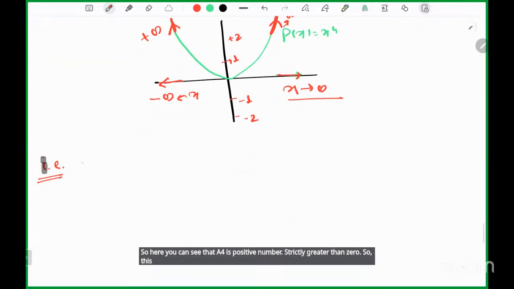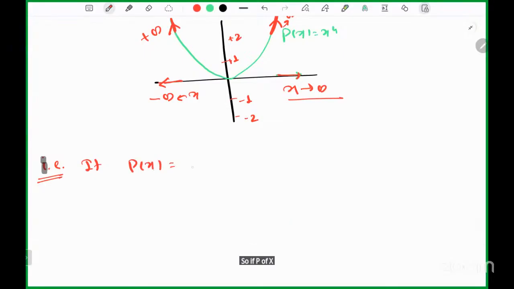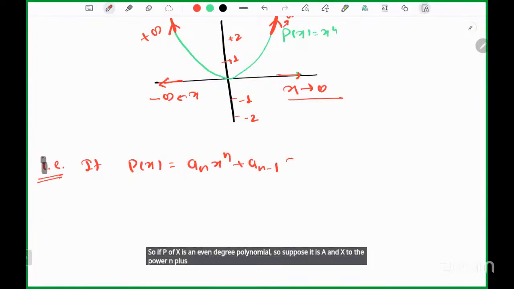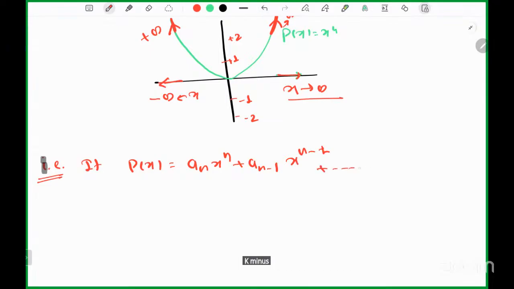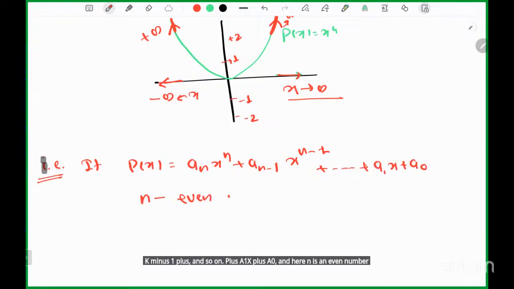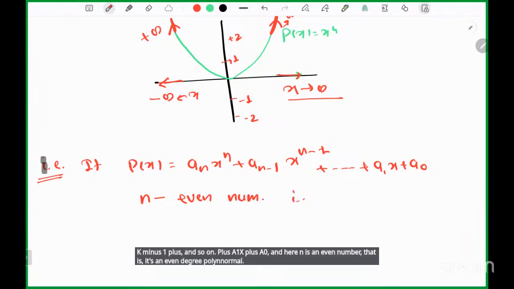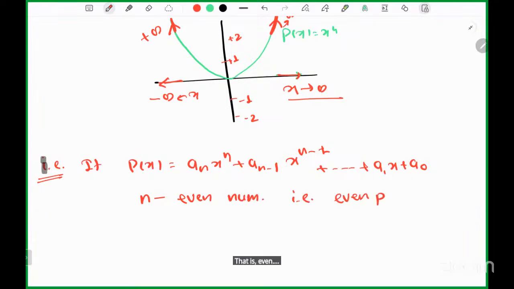This is the fact: if p of x is an even degree polynomial, say a n x to the power n plus a n minus 1 x to the power n minus 1 plus and so on, plus a1 x plus a naught, and here n is an even number, with the condition that a n, the coefficient of the largest power, is strictly greater than 0, that means a n is positive.